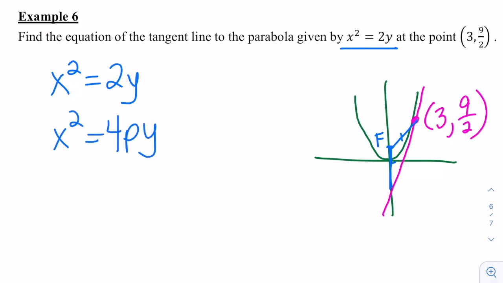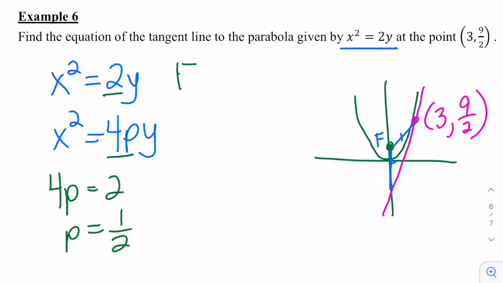So we know that 2 must equal 4p, so p must equal 1/2. If we know p equals 1/2, we can figure out the coordinates for the focus. So the focus must be at (0, 1/2).